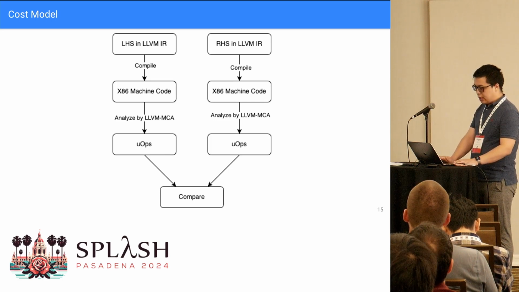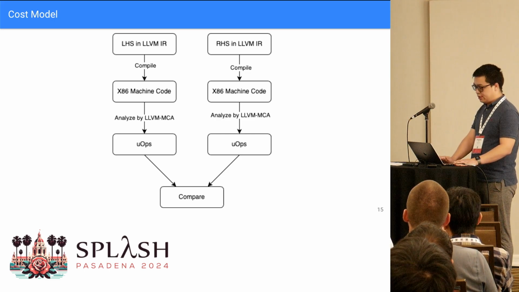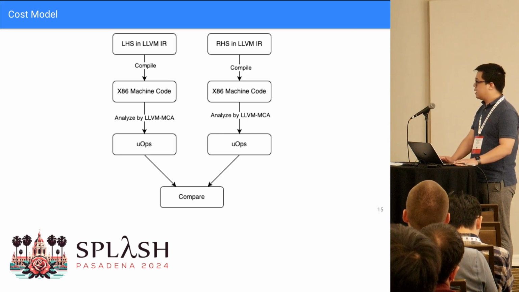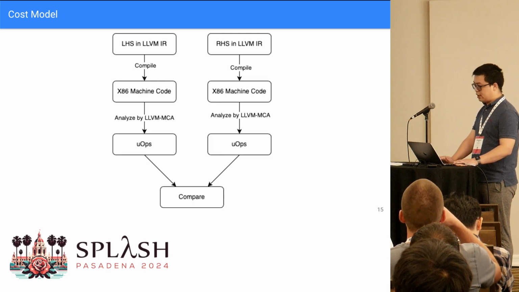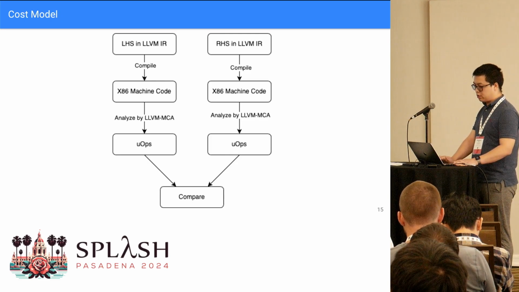After the refinement check and the constant synthesis, we may have a valid rewrite, but we want to double check: is that right-hand side really cheaper than the left-hand side? Here, we need to use a cost model to check whether a rewrite performs better than the original program or not.